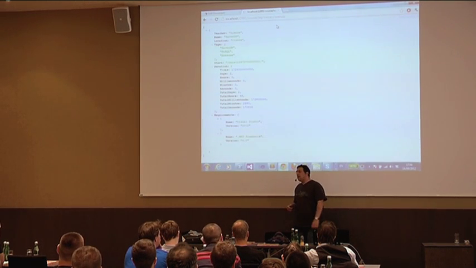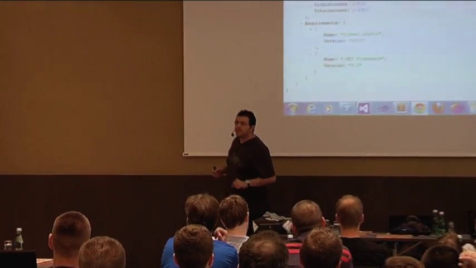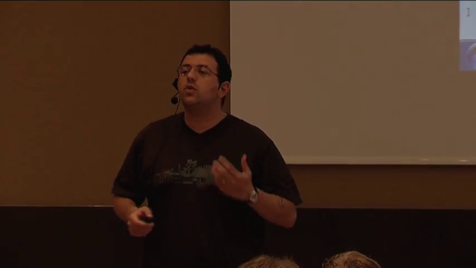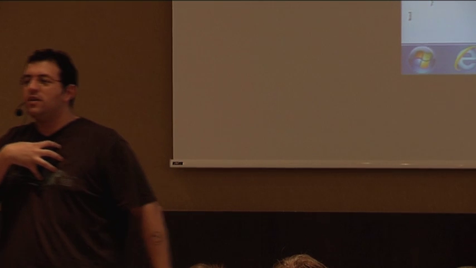RavenDB, on the other hand, goes like this. Okay, you gave me a query. I look at the query, and then I have the query optimizer that is going to kick in. That query optimizer is going to analyze your query and say, ooh, that query belongs to this index, let's run it with that. But what if there isn't such an index? RavenDB basically says, okay, look, I have the database. I know what's going on.